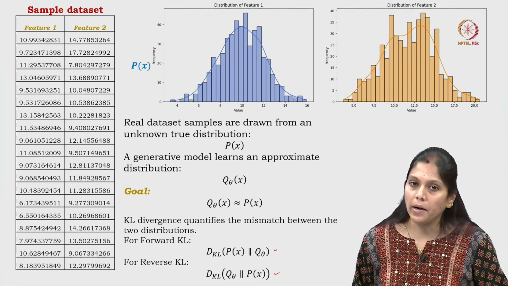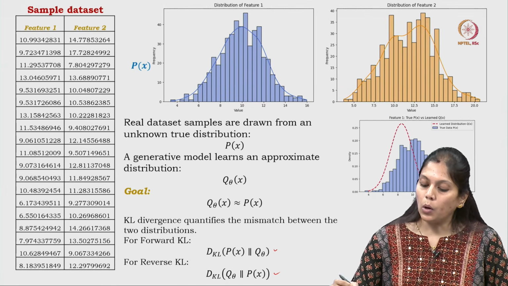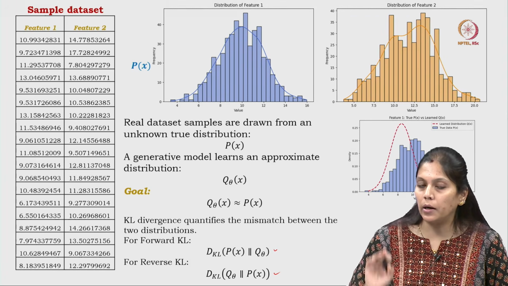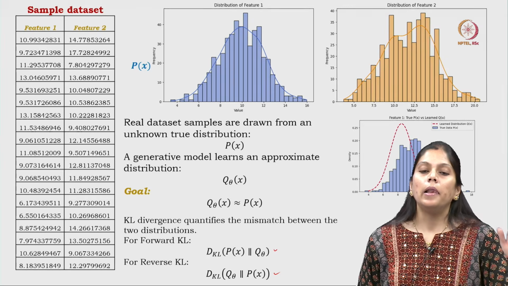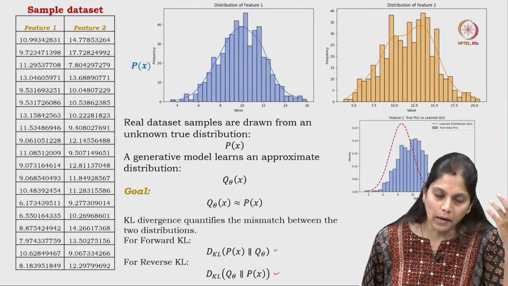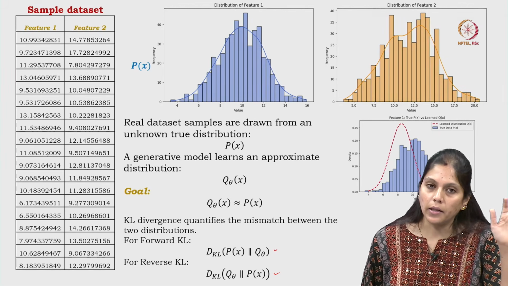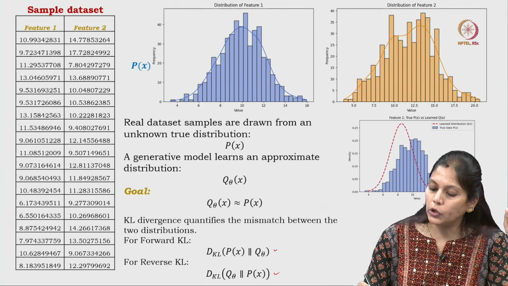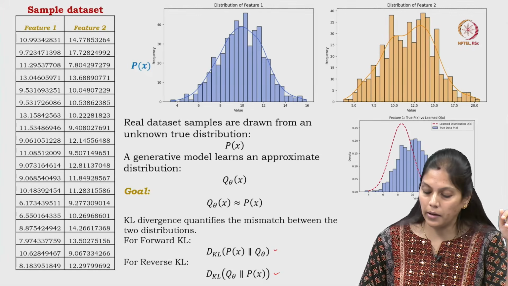Now, from the diagram, look at this. The blue is the original distribution P of x. Let us assume the model has learned some distribution, and that learned distribution is Q of x, which is shown in the dotted red diagram here.